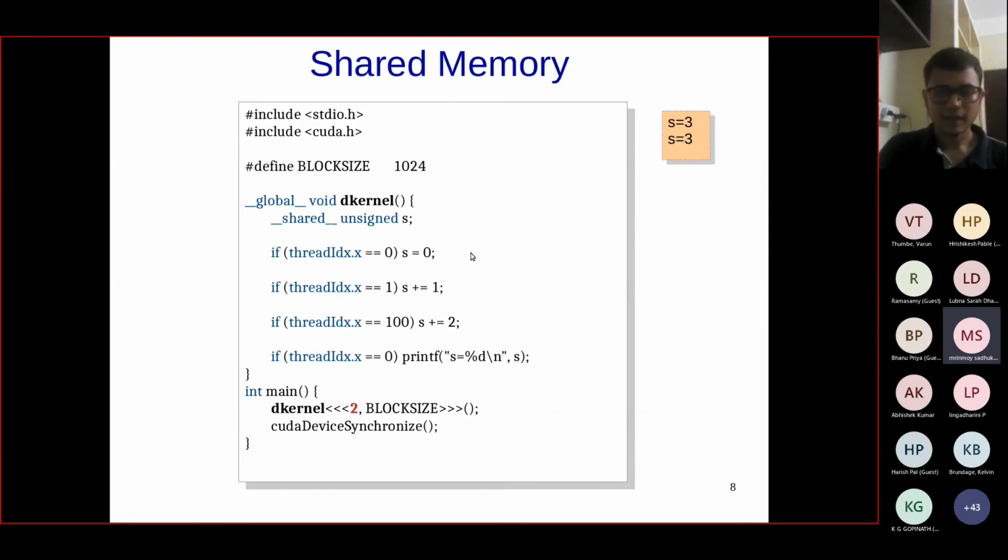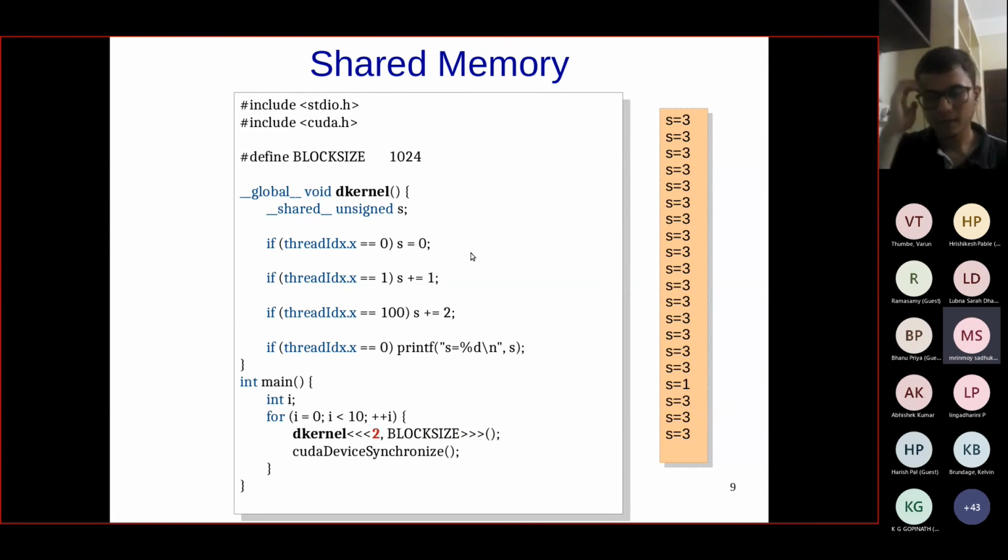But let us say that I ran this program multiple number of times. Let us say I just ran it with 2 thread blocks, each of 1024 threads, but within the loop of 0 to 10. In that case I'll get 20 possible outputs, because 10 iterations, each with 2 thread blocks, so 20 possible outputs.